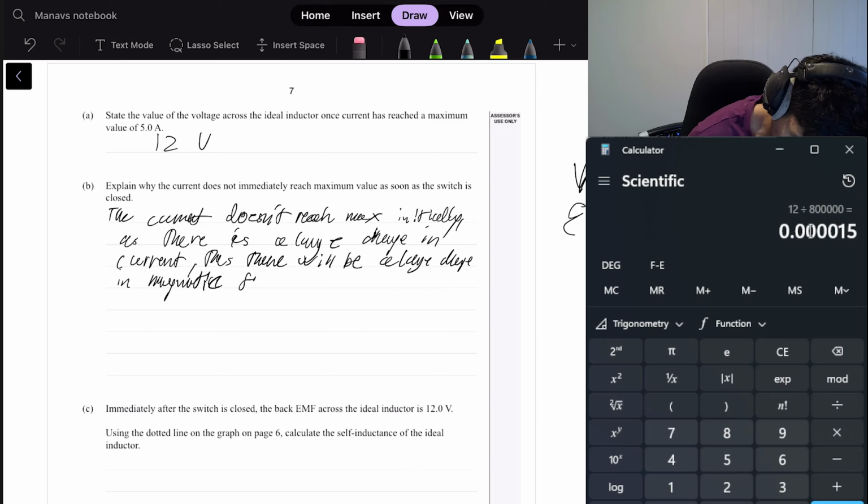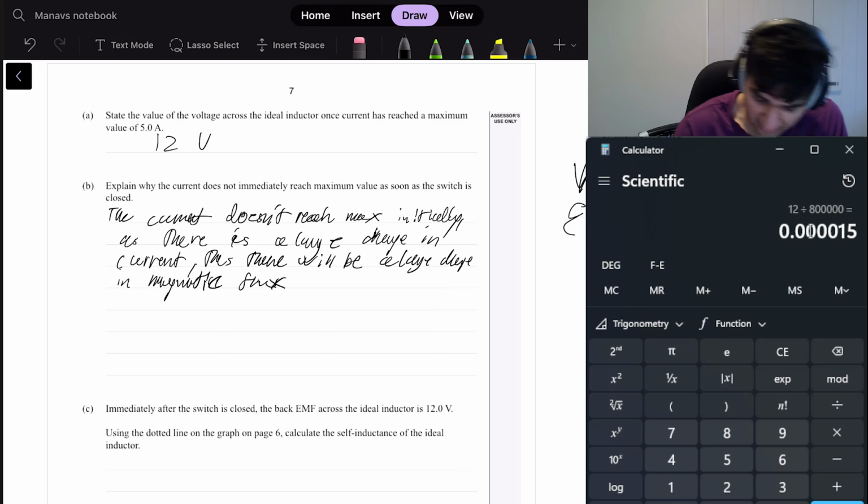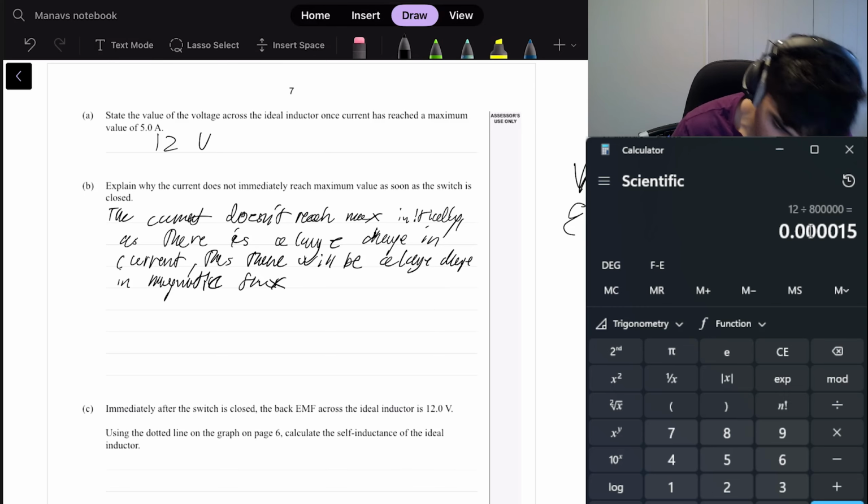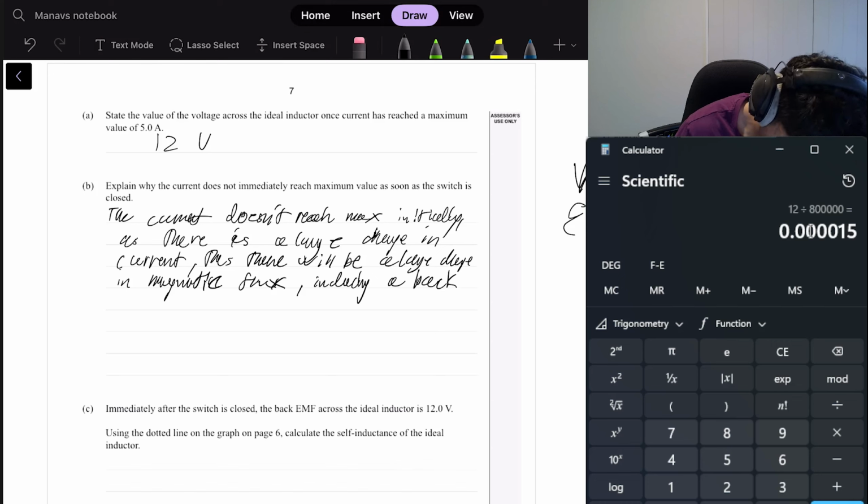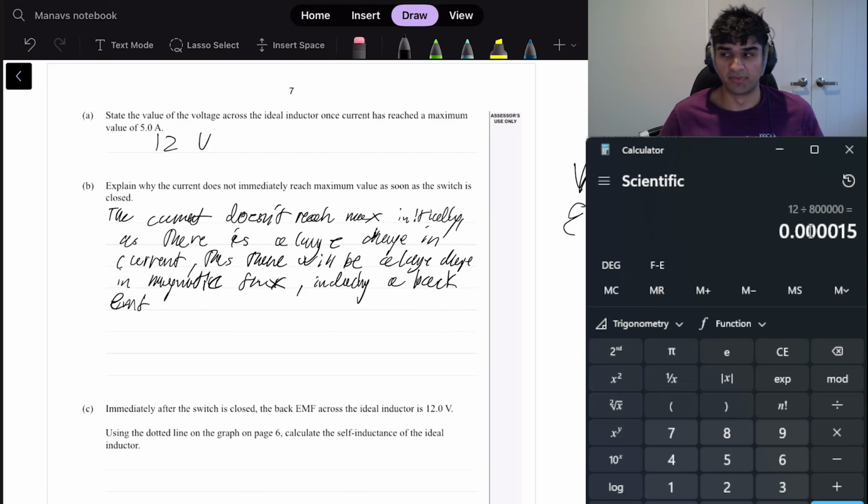Boom. That's a big one. Large change in magnetic flux, inducing a back EMF. The word back is very important here, as it's going in the opposite direction to current flow.